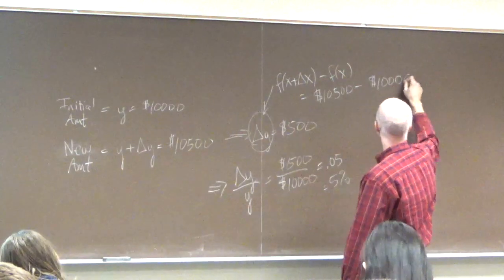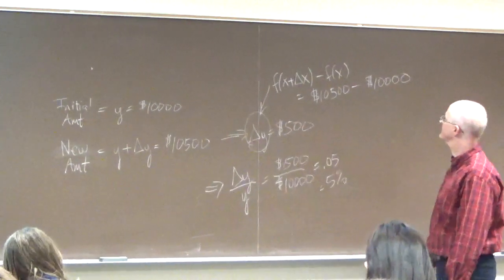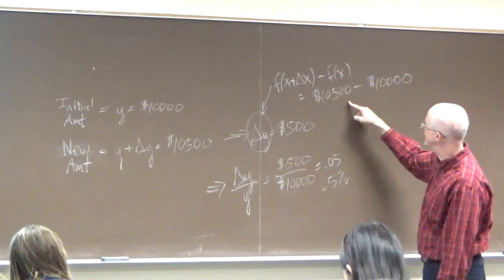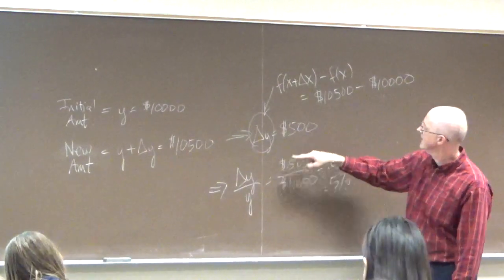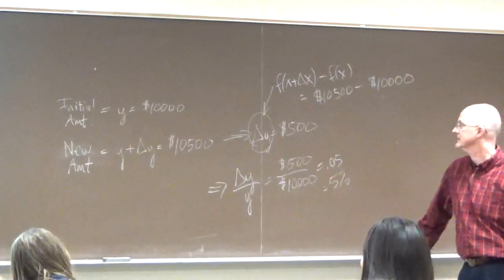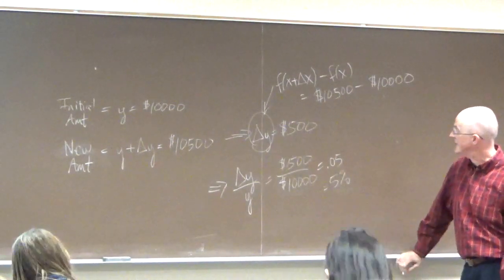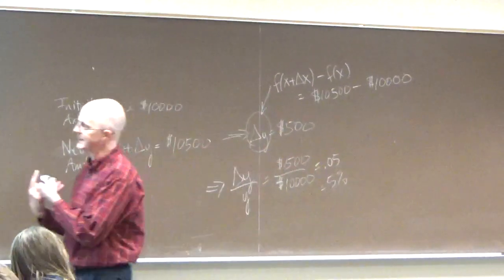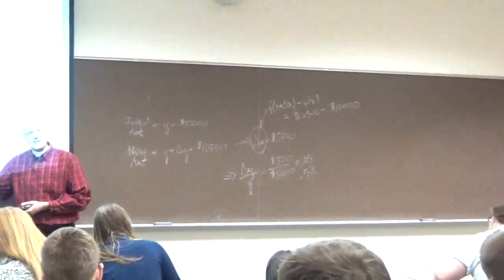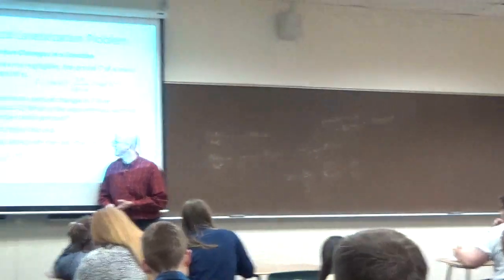F of x is the starting amount. F of x plus delta x is the ending amount. This difference is how much y changed, 500. That ratio then represents the relative percent change in the amount of money. If you think about examples like that, it can help you give meaning to this symbolic form.